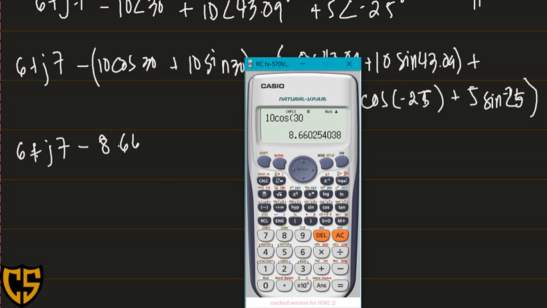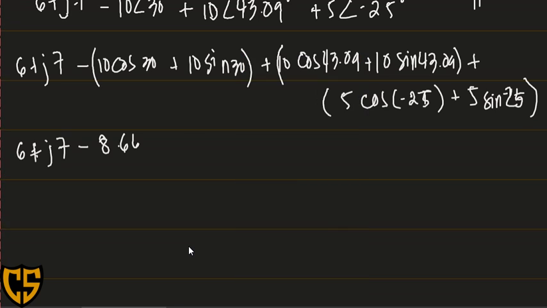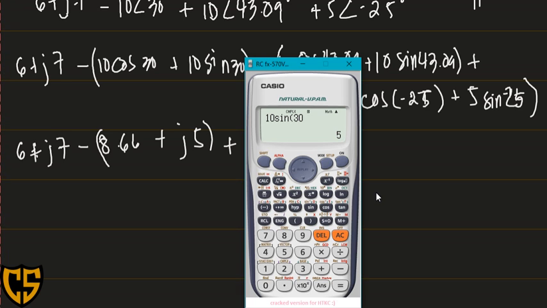Next, 10 sine 30. We will have 10 sine 30 equals 5. So we have plus j5, in parenthesis. Next, plus 10 cosine 43.09.